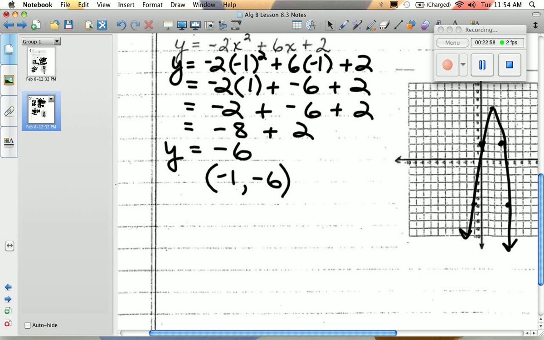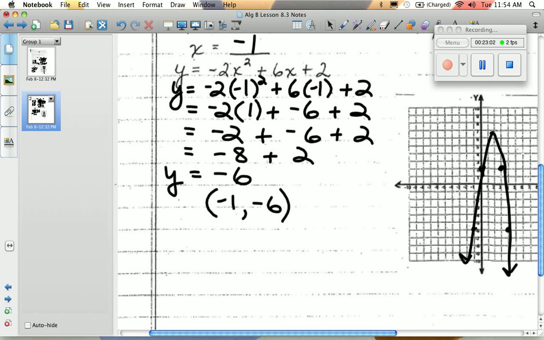Where does the -1 come from? Okay. We threw a random number. So here's what we did. We had the vertex right here, and we had the y-intercept and its symmetrical point. We said we could have picked x equals +1, but then all of our 5 points would have been really close together.